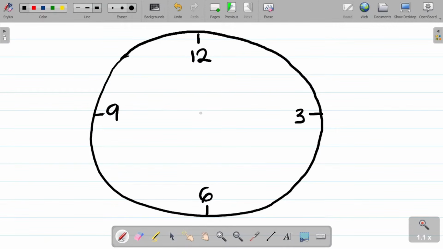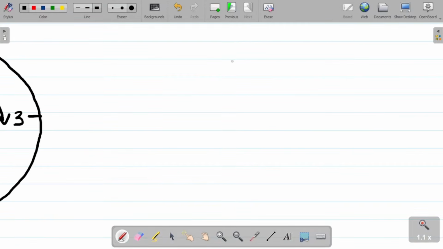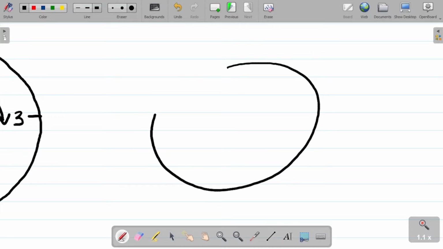We know that the hand of the wall clock moves this way: from 12 to 3, 3 to 6, 6 to 9, 9 to 12, and then 12 to 3 again.